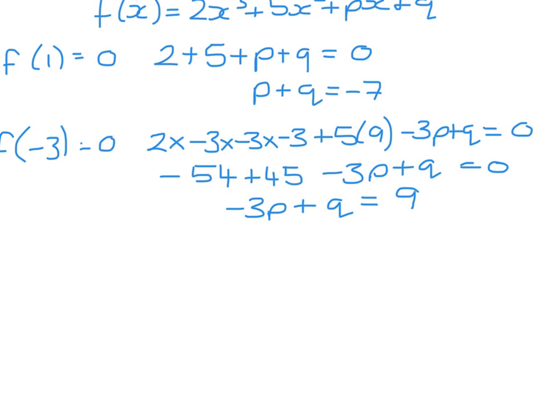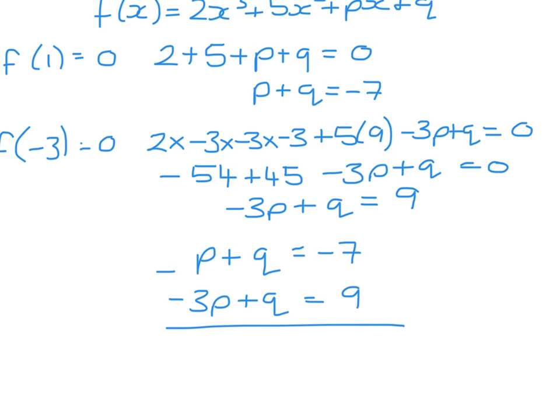So I have two equations now, p plus q, which equals minus 7, and minus 3p plus q, which equals 9. I'm going to subtract these. P take away negative 3p is p plus 3p, 4p. Q take away q is 0. And minus 7 take away 9 is minus 16, which gives me that p is minus 4.